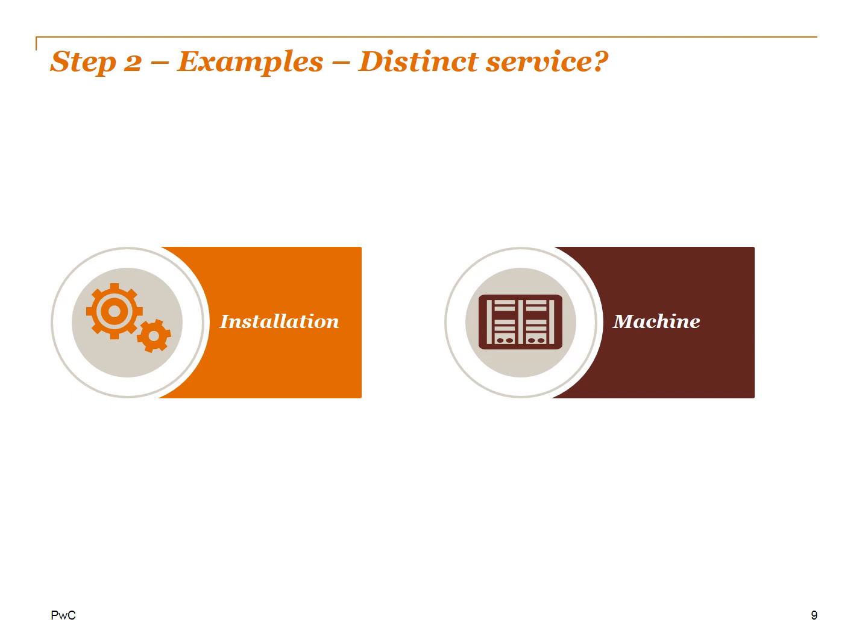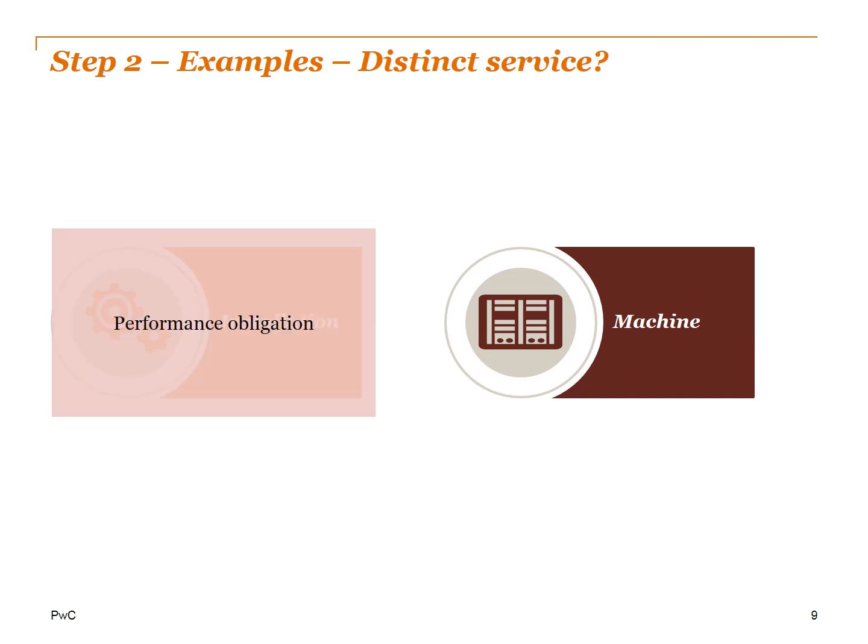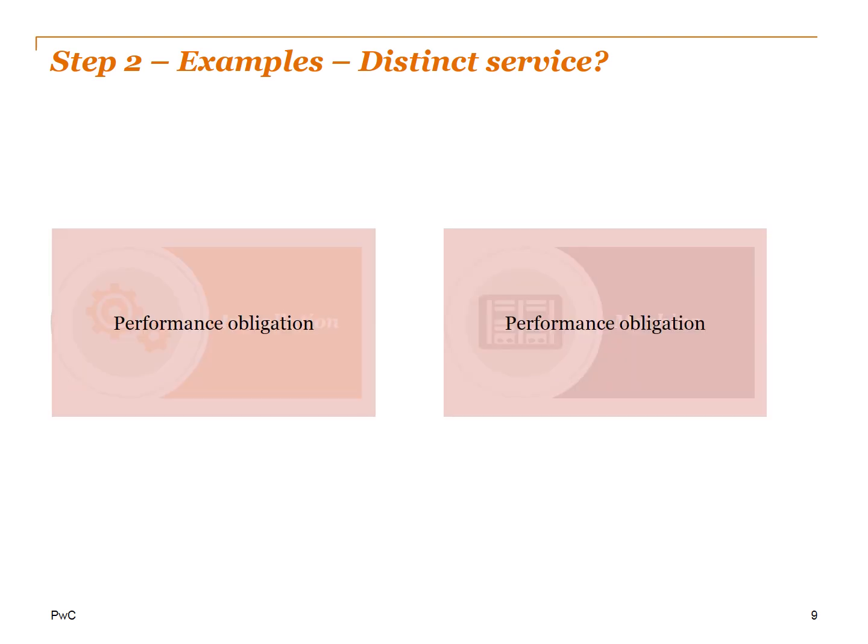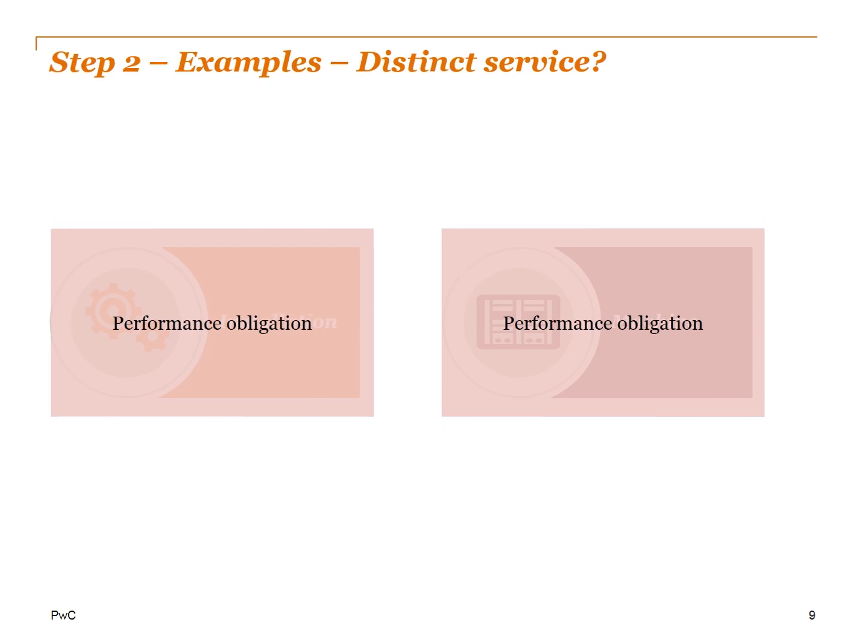In contrast, if the installation services were customary but could be performed by someone else, for example, the purchase and installation of a washing machine, then it is most likely that there are two performance obligations, the washing machine and the installation, which are distinct. This judgment can sometimes be difficult and is dependent on the information that is available.